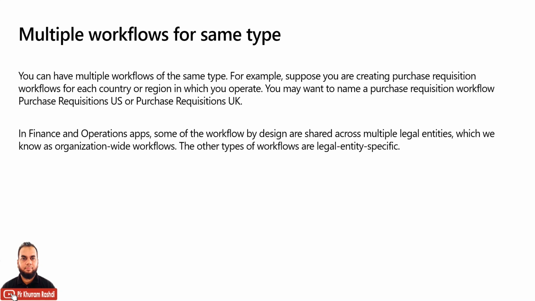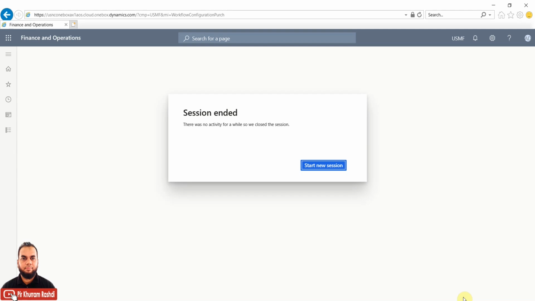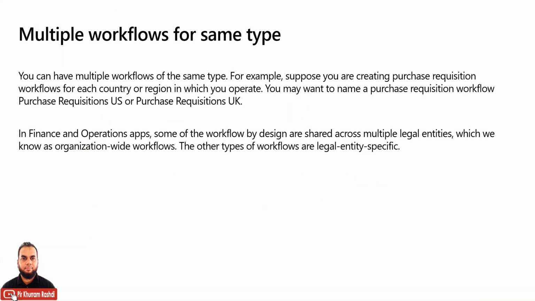For example, if there is an entity in the US or the UK or any other country, the same type of workflow, that is purchase requisition, can be configured for each country separately. So that is called an organization wide workflow. And there are certain workflows which are shared across multiple legal entities, which we call organization wide workflows.